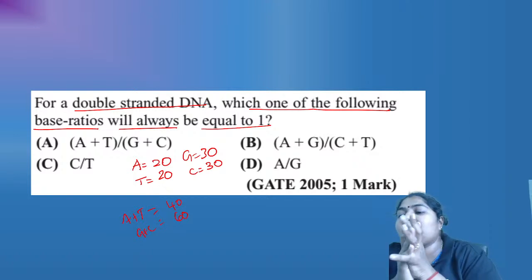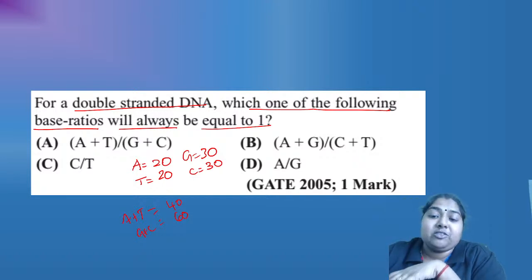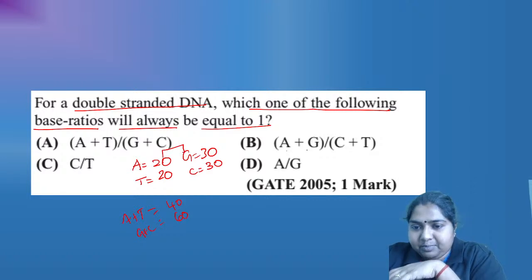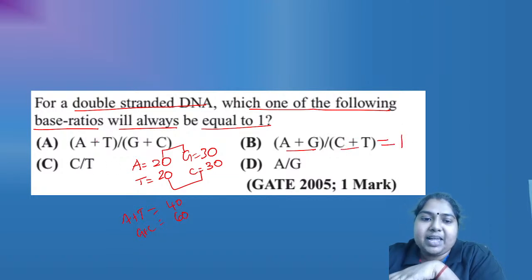Now tell me which formula is correct. Got the point? Yes, Ramprabha. So, your A plus G divided by C plus T can only be equal to 1. What is A plus T? A plus T is 40, G plus C is 60.